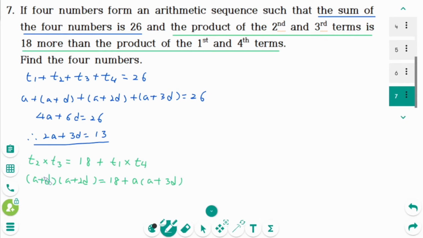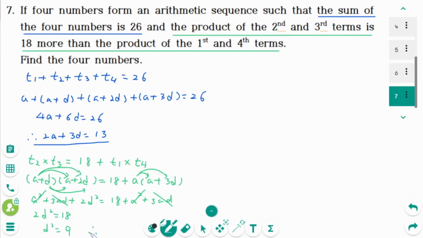Then expand: A squared plus 2AD plus AD, which is 3AD, plus 2D squared equals 18 plus A squared plus 3AD. Then A squared is cancelled. Then 3AD is also cancelled. Then 2D squared equals 18. Then D squared equals 9. Then D is plus or minus 3.